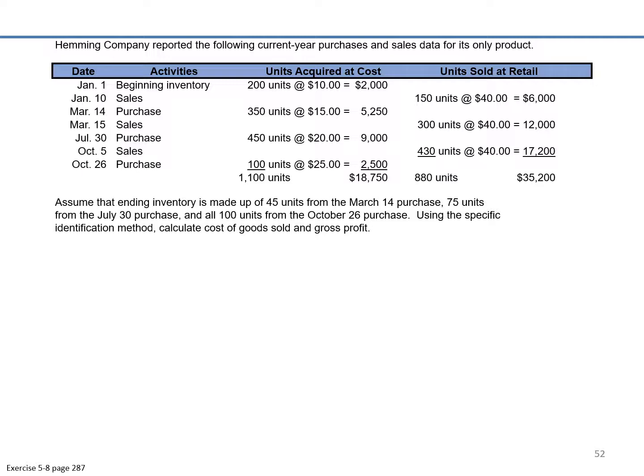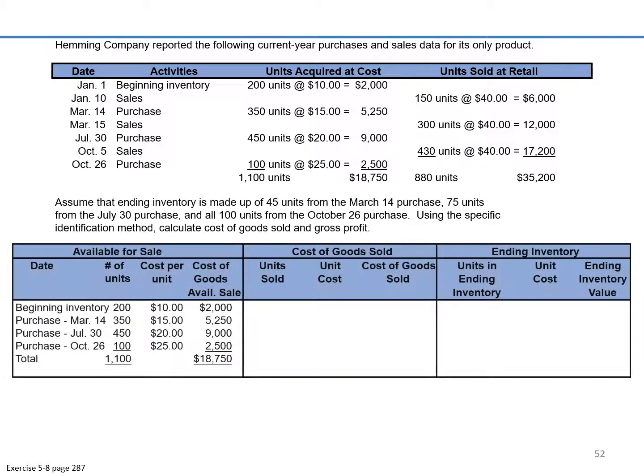Using the specific identification method, calculate cost of goods sold and gross profit. So they tell us what ending inventory is made up of. 220 units, 45 from March 14th, 75 from July 30th, and 100 from October 26th. And 0 from beginning inventory, right?